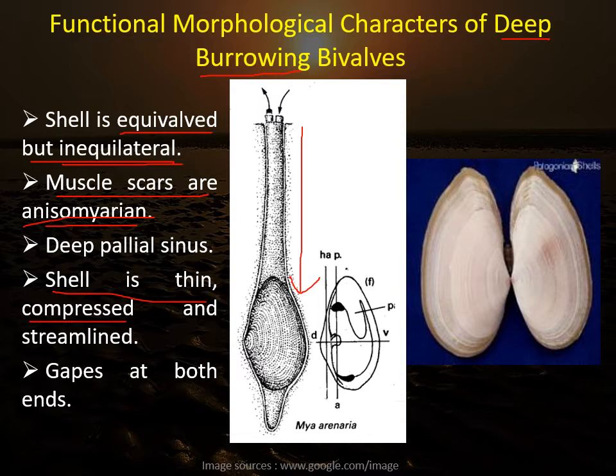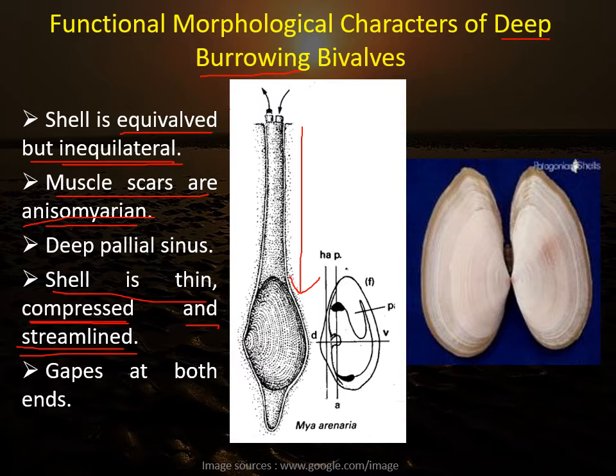So instead of that, to minimize its effort, to minimize its work done, it compresses itself, that is lowers its width, and becomes streamlined, anteroposteriorly longer, so that it can easily penetrate within the sediment cover. So that streamlined and compressed, low width shape indicates that the bivalve is living in a deep infaunal condition, deep within the sediment cover.